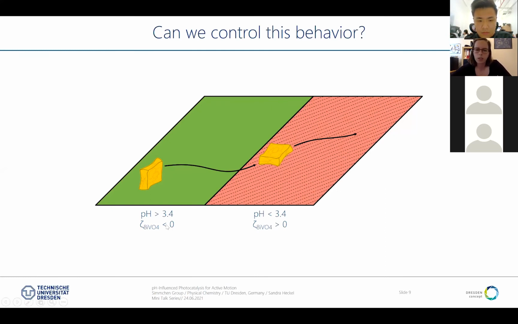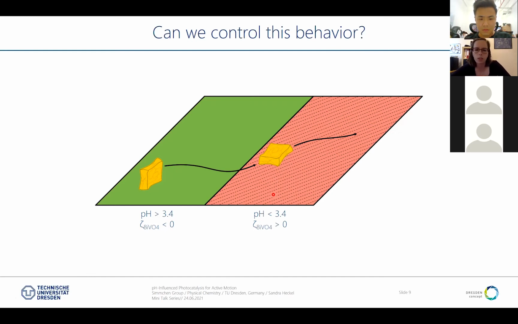Wouldn't it be interesting if we could have a substrate where in one area the pH would be higher than 3.4, so our particles are negatively charged and they move upright, like this one particle here. But then if it moves to a second area where for some reason the conditions are different and the pH is lower than 3.4, it becomes positively charged and it moves in a horizontal kind of way.